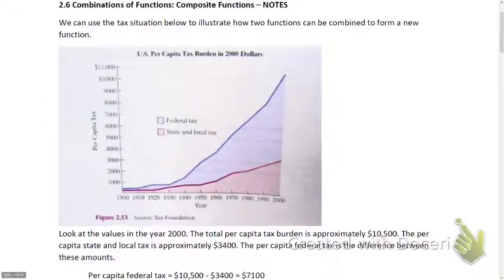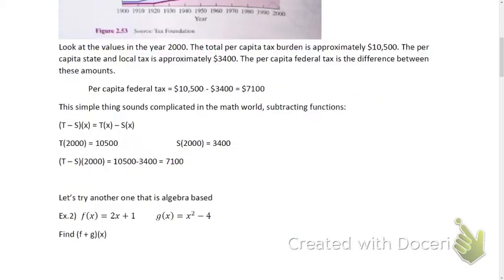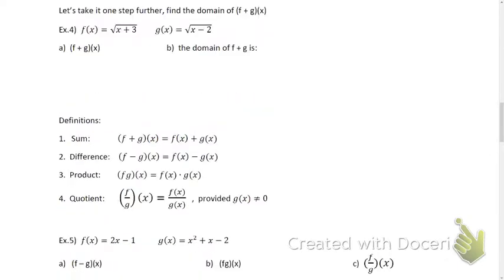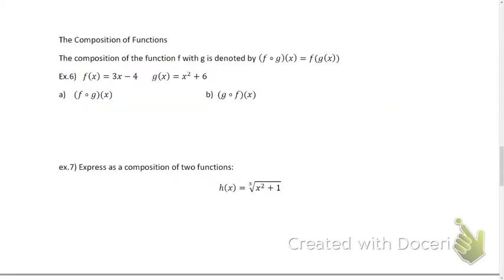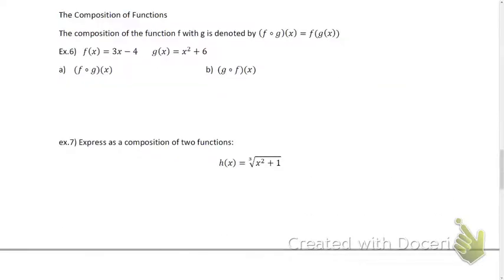In college algebra, we wrapped up our combinations of functions, but it was a more complex set of problems that we wrapped up. So it was composition of functions, and you have a new symbol here. It looks like a circle right here.